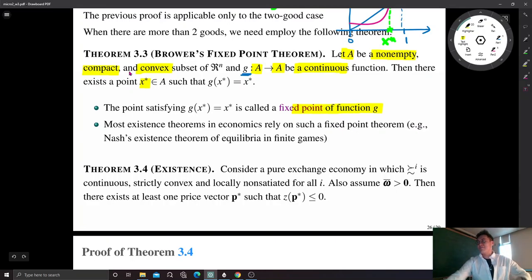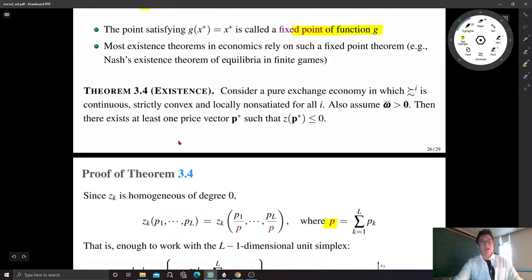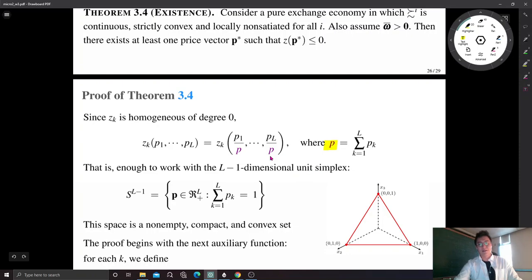But the price vector can take any value. It starts from 0, but it can go to positive infinity. There is no upper bound. So this space is not bounded. In order to make a compact space, we need this process of normalization.